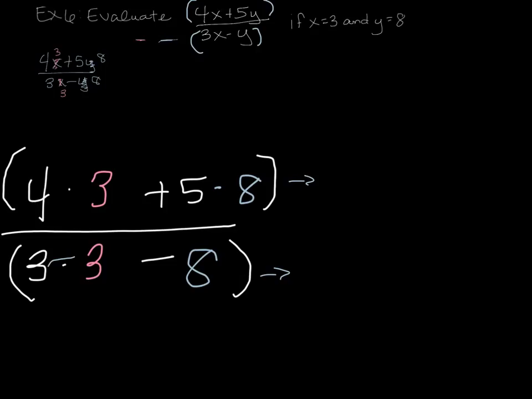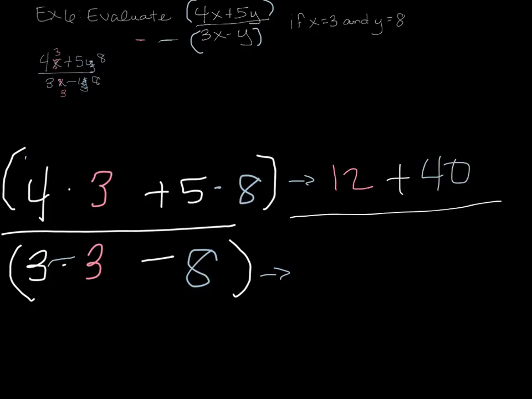Alright, so in the numerator, remember the numerator is the top of a fraction, I've got multiplication that shows up 2 times, so I can do both of those in one step, but I'm going to remember to keep them separated by that addition. So 4 times 3 is 12, and 5 times 8 is 40.